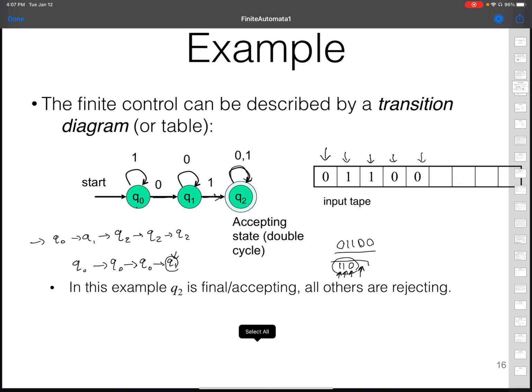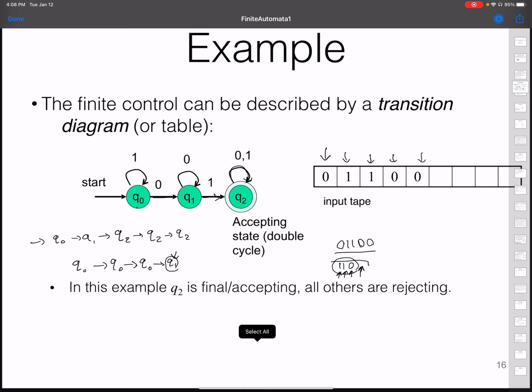So any string that you pass to this finite state, it tells you that either it belongs to a specific language or not. If it belongs to that specific language, it tells you yes. If it doesn't belong, it returns you no. So each finite state that you design is going to represent a language. The language that will be represented is going to be the set of all the strings that will be accepted by this machine.